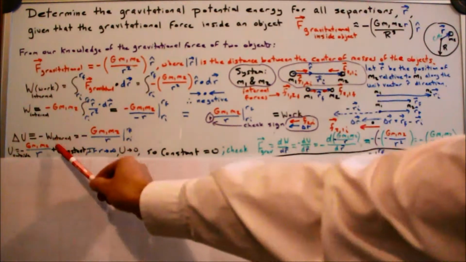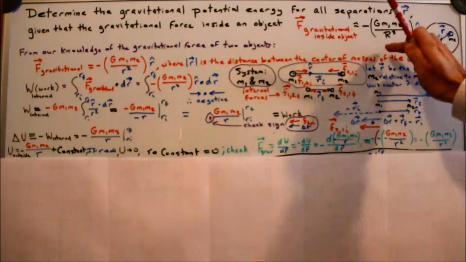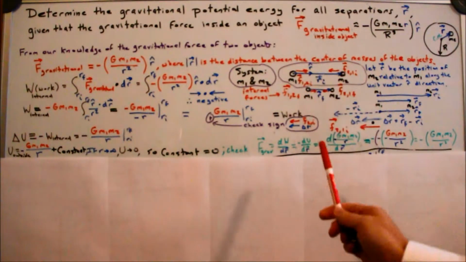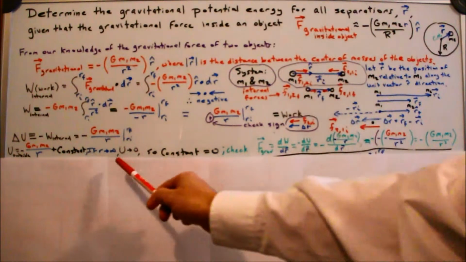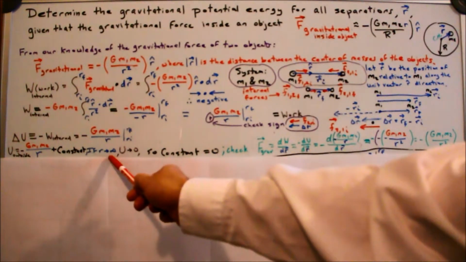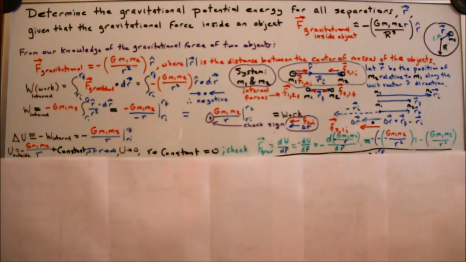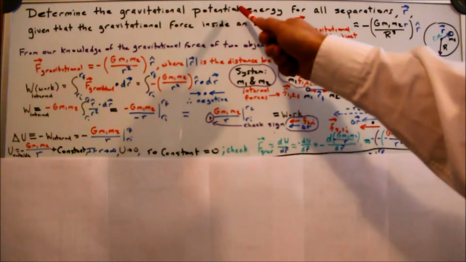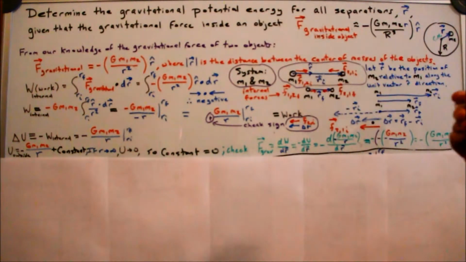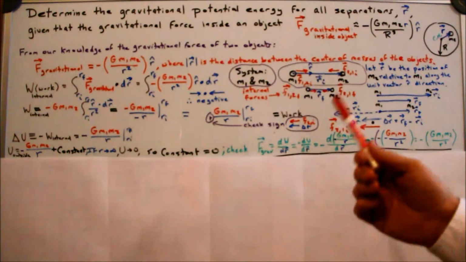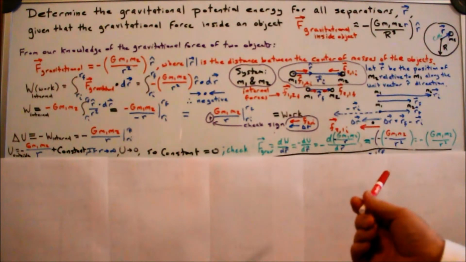Now, the question is, what's that constant when the masses are far apart from each other like this? So if r is infinity, the two masses are infinitely apart from each other, and at that condition, the gravitational potential energy would be 0.